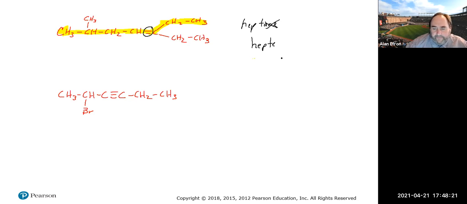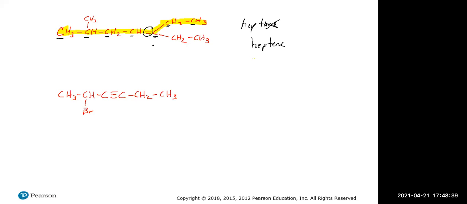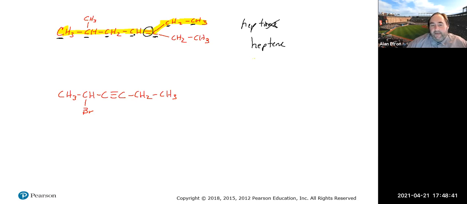Let me check, I believe there's 7. So there's 1, unless I miscounted, 2, 3, 4. There's 1 hiding right here, 5. Oh yeah, that's the one. 6. Yep. Other questions on that? So 7, based off of heptane, because of the double bond, becomes heptene.